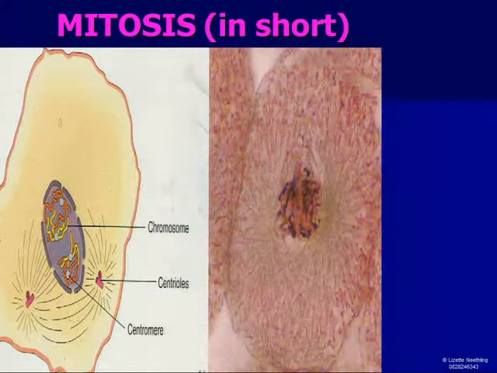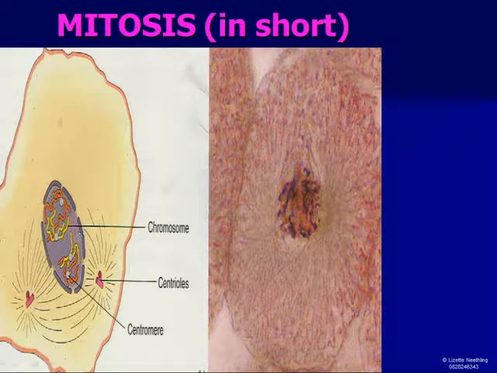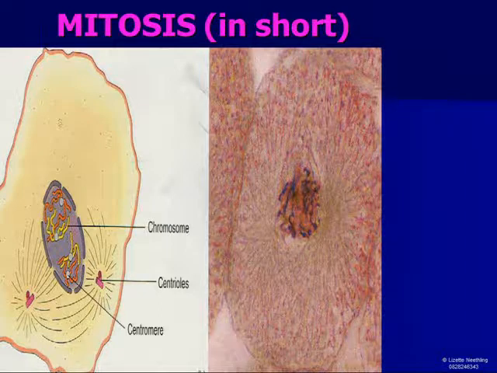Now, in short, on this side you see a diagram. On this side you see a photo taken through a micrograph. It's a photo through a microscope. You can see there are the chromosomes, but this is not very clear for us to learn from, so they normally give us a diagram. Now, if you look at this thing, you must know the labels here.